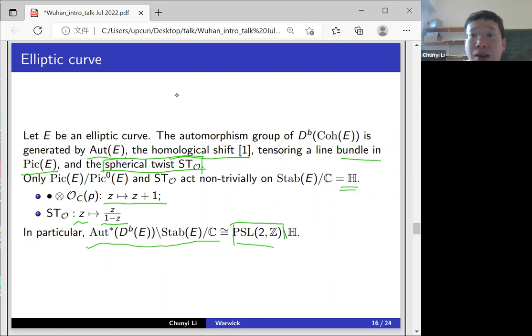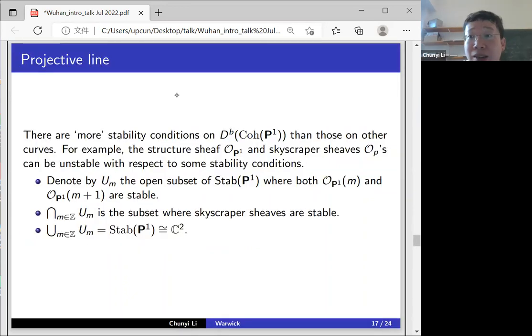Right? That's the curve. Another thing to mention here is the projective line. For all the other curves, they are less interesting because they don't have the spherical twist. It's also expected they are less interesting for some reason, but I just mention that without explaining. For this P1, it is more complicated in some sense.